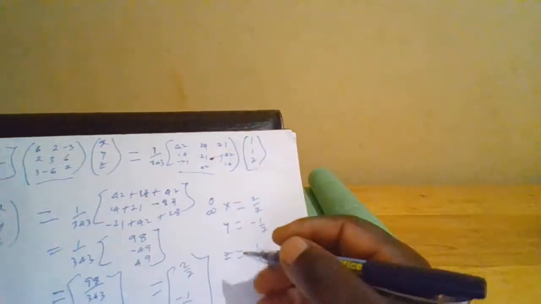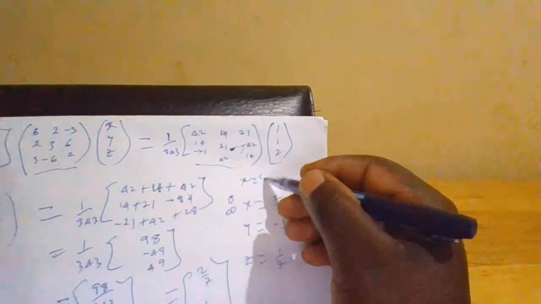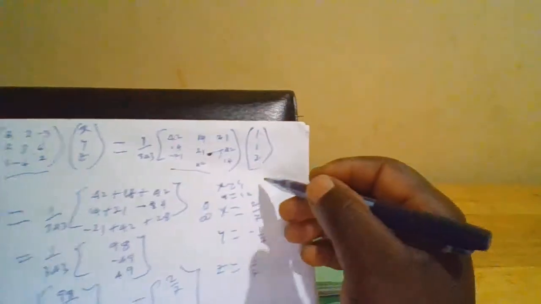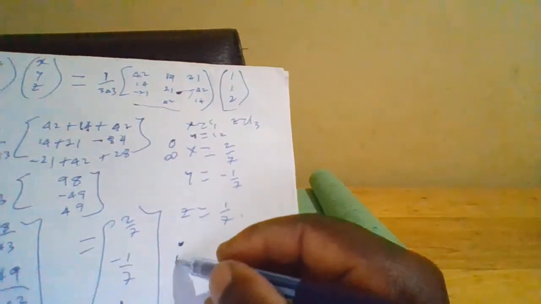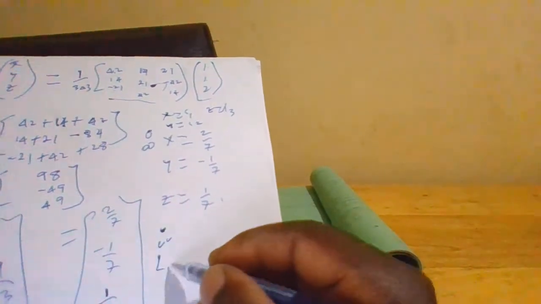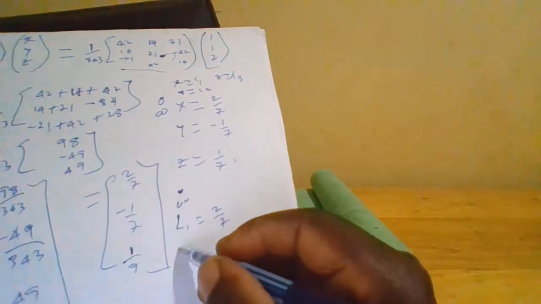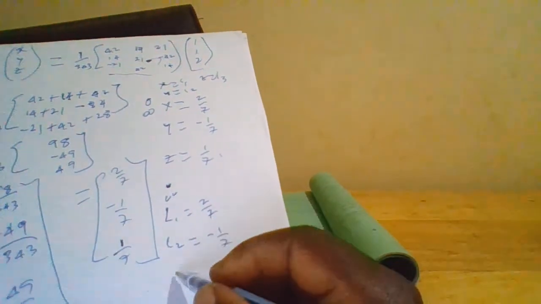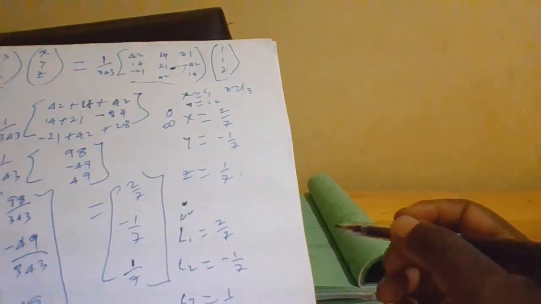But remember from the beginning, we had said that x equals L1, y equals L2, and z equals L3. Therefore, L1 will be equal to 2 over 7, L2 negative 1 over 7, L3 positive 1 over 7.